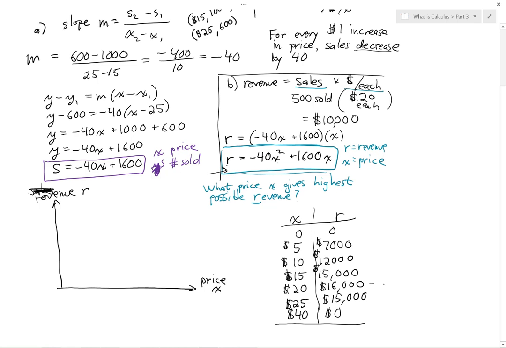It's easy to say, yes, 16,000 is the highest revenue of all the numbers we plugged in, but how do we know that the revenue isn't 21 or 19 or 18? It could be somewhere in between. Revenue could go up to maybe 17,000 in the middle here, and then go back down to 16,000. So it's looking like 20 is our candidate, but we cannot definitively state that just by examining this table. It gives us a rough idea, though.